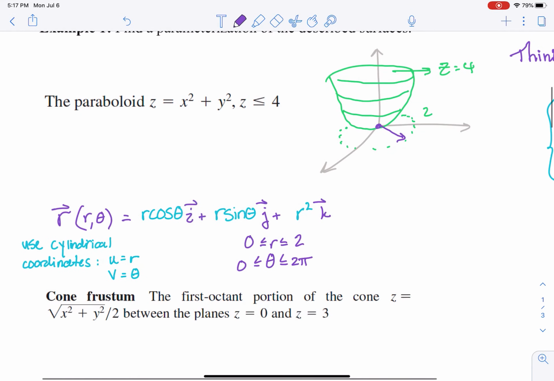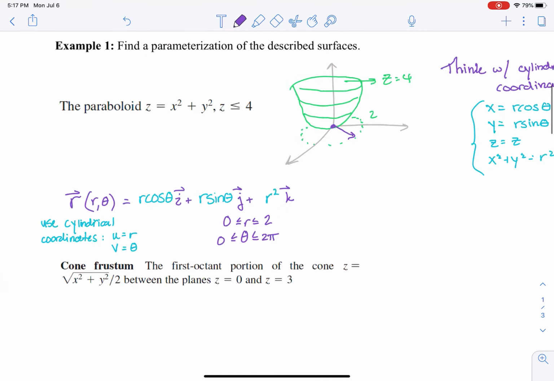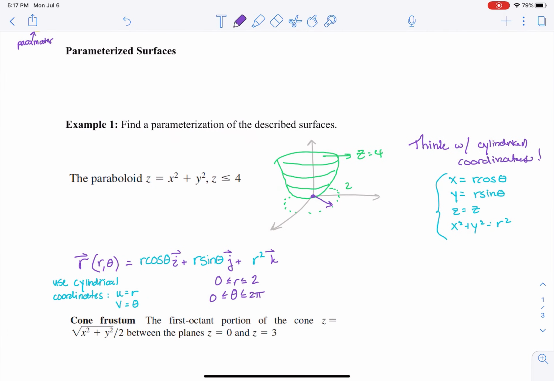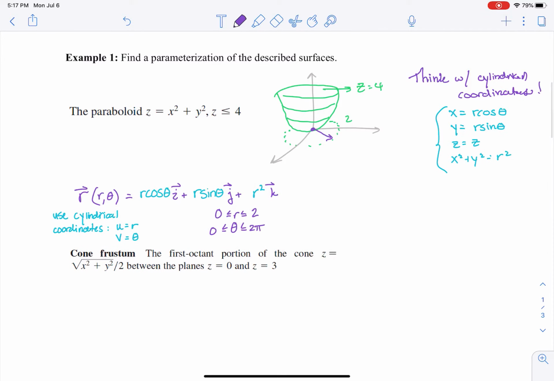So this right here would be the parameterization of this explicitly defined function. So 2 ways to express the same surface. Oftentimes it's easier to do the calculus with the parameterized form of the surface, and so that's why we're practicing translating into a parameterized version.